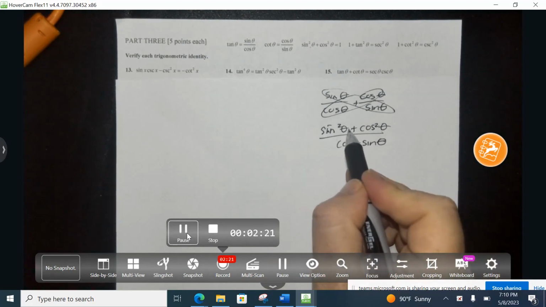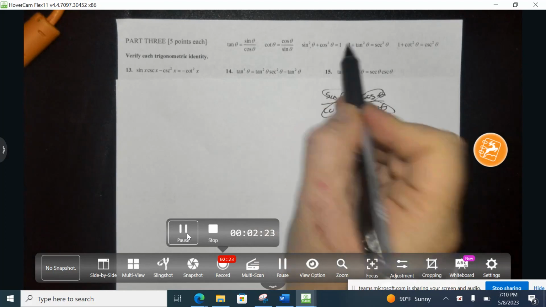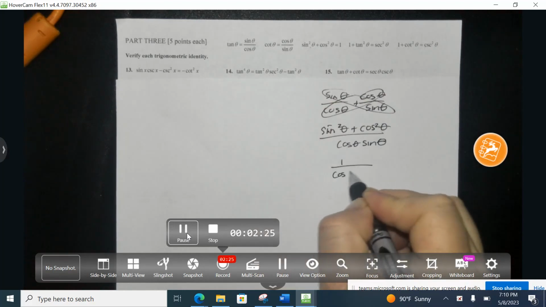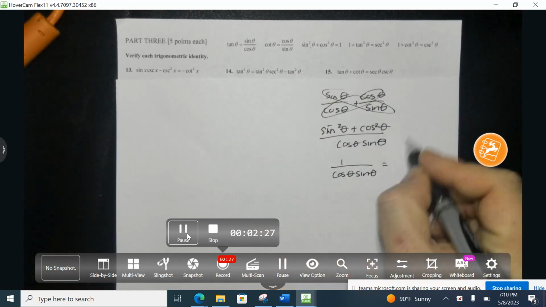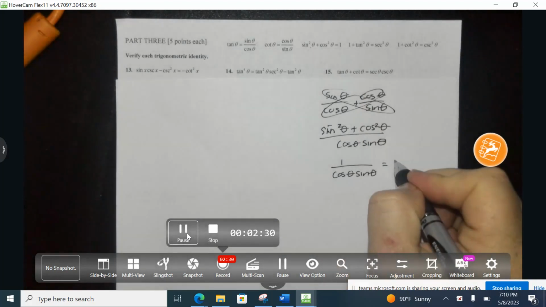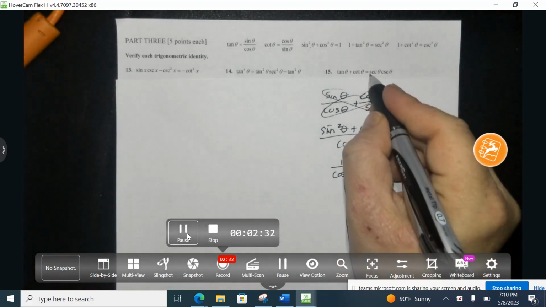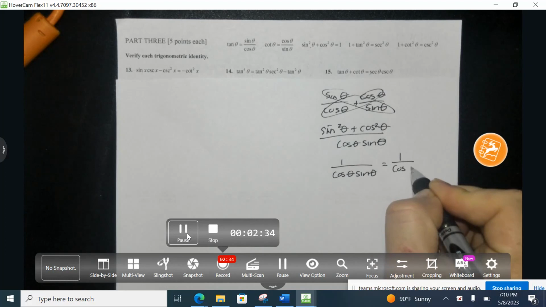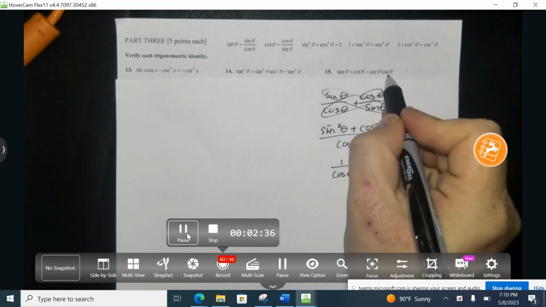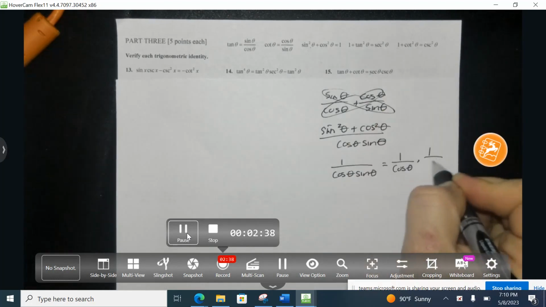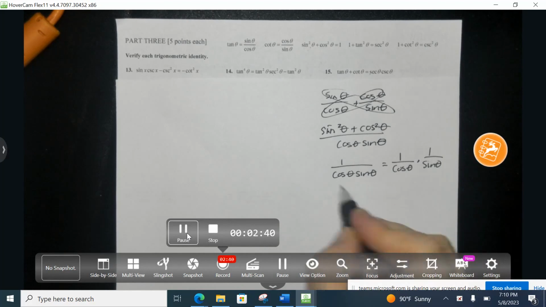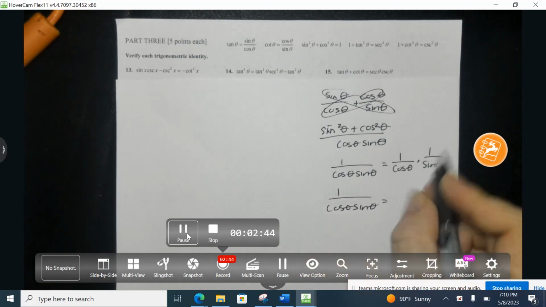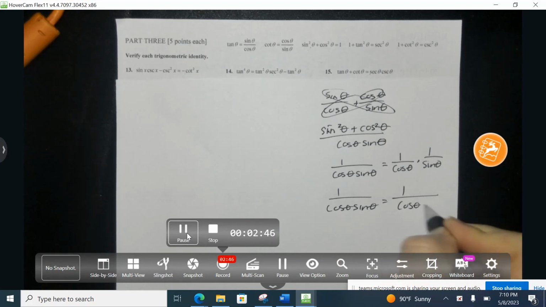Now cosine squared plus sine squared is equivalent to 1, so this is 1 over cosine times sine. And on the right-hand side, I have secant. Well, remember, secant is the same as 1 over the cosine, times the cosecant, which is the same as 1 over the sine. And there we go. I have 1 over cosine times sine, 1 over cosine times sine.